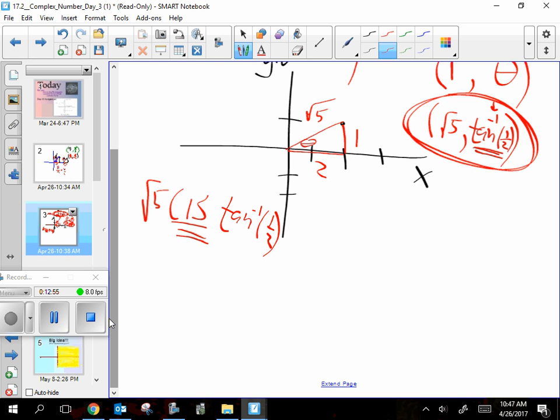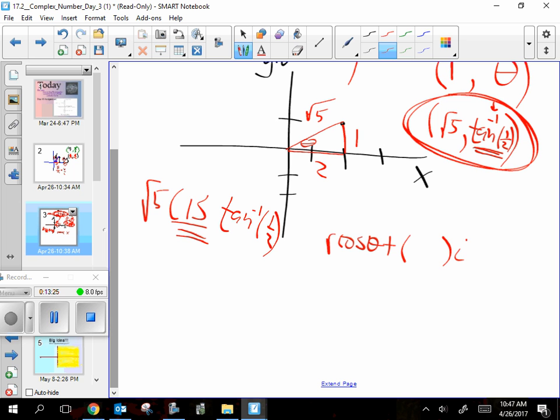I think the easiest way is to say, would you agree that this came from x plus yi? That's what it was in the first place. And polar for x is what? r cosine theta. And polar for y, and don't forget it was x plus yi, right?